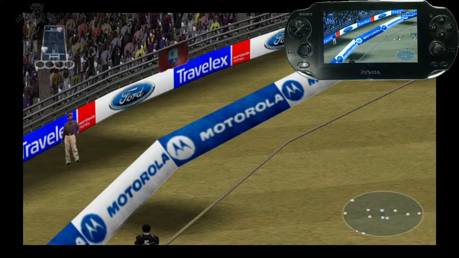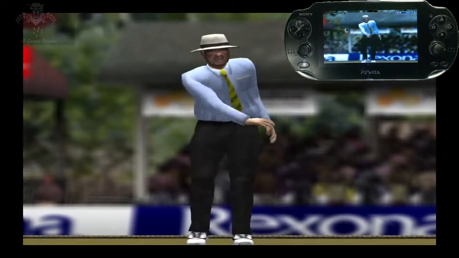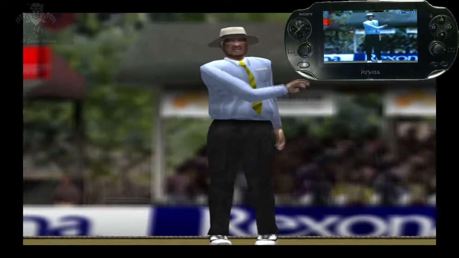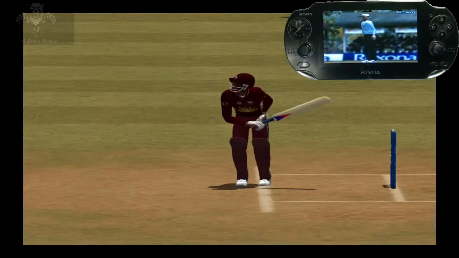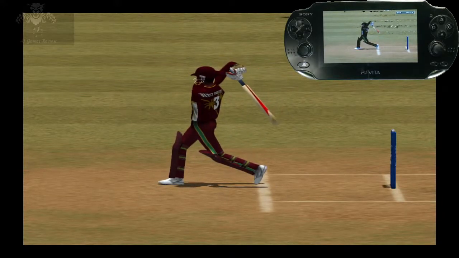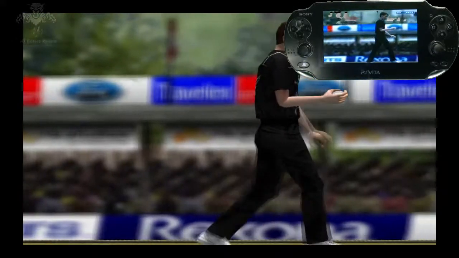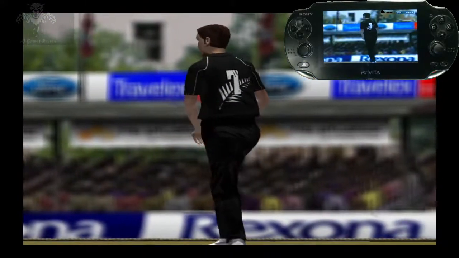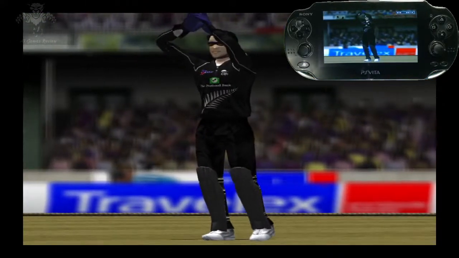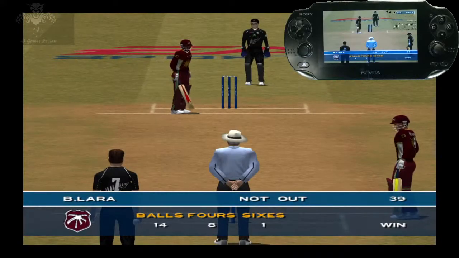He hit that over the field superbly. Forum continues.